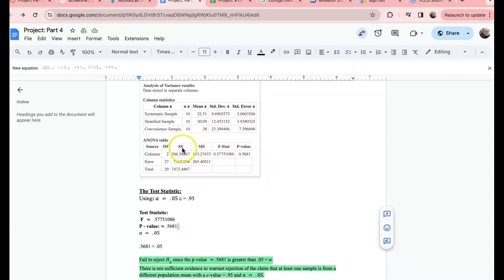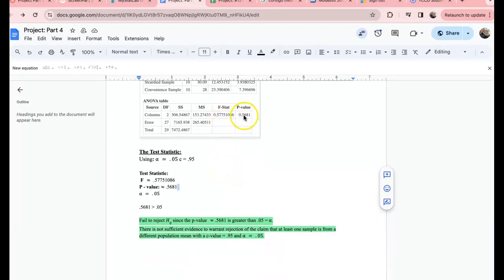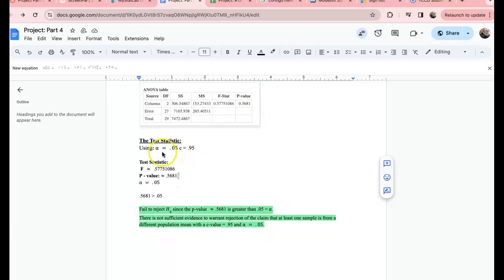The ANOVA table shows us our degrees of freedom for the columns and our p-value, as well as our F statistic too. So our p-value shows here is 0.5681. That test statistic was used running alpha 0.05 and C 0.95.